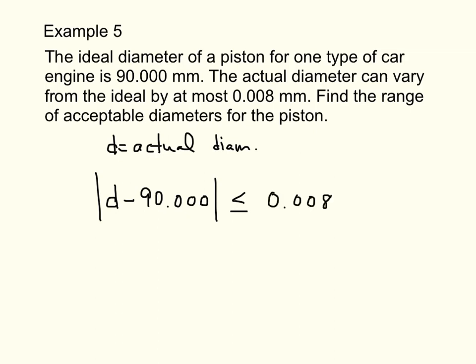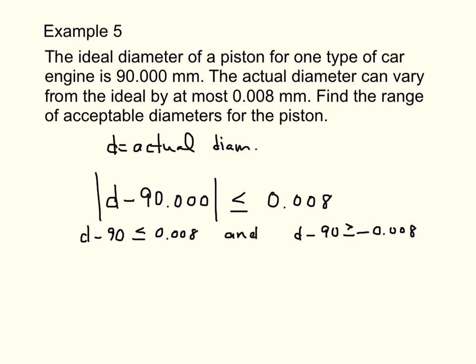0.008. Now if I write this as two separate inequalities, I can write it as d minus 90 is less than or equal to 0.008, within, this is an and problem, and d minus 90 could be greater than or equal to negative 0.008.